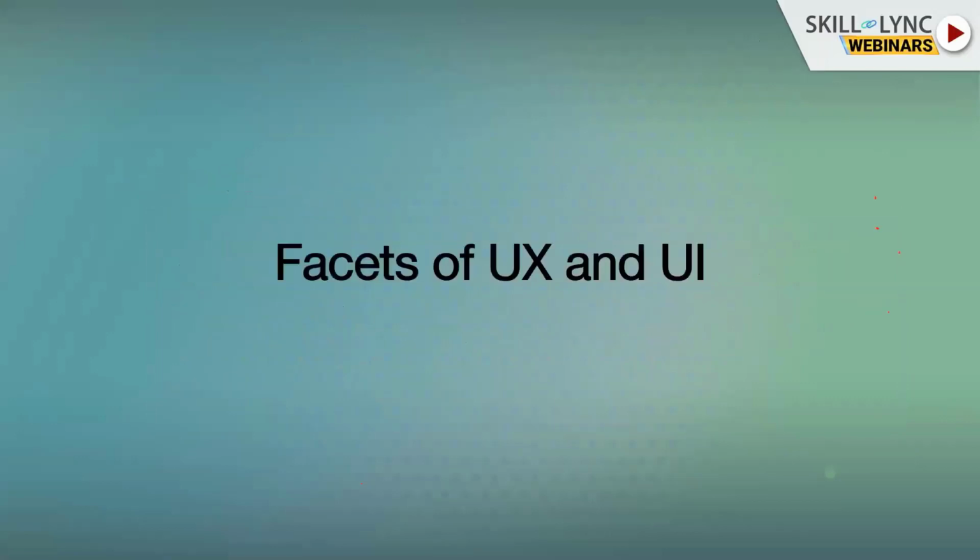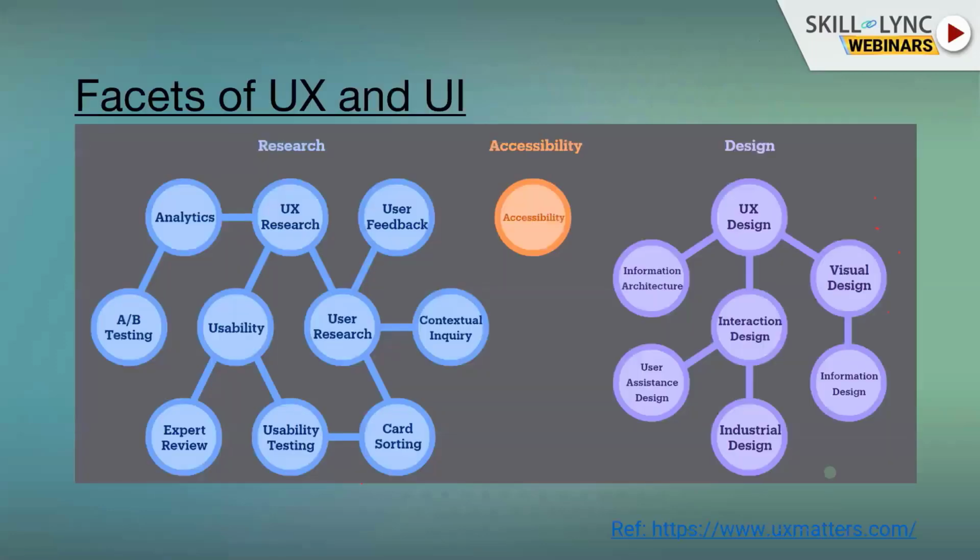Now let's talk about the facets of UX and UI. These are the features. In a holistic way, we talk about research, accessibility, and design, and we want to engage our target users in each and every phase.